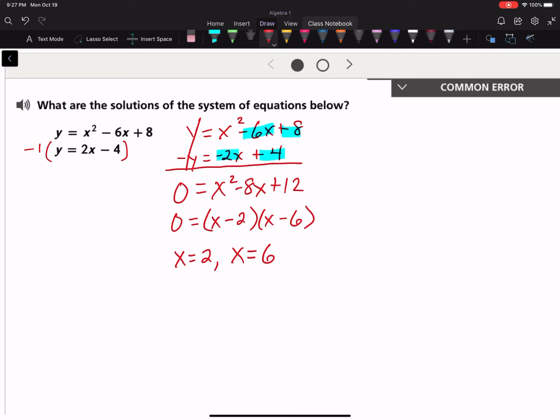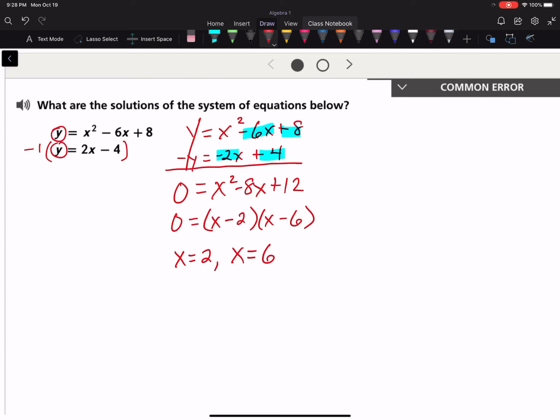Now, this one is a little different because, as you know, in our original problem, we had y's. So on the first equations, we didn't have y's, so we didn't write those, okay? But on this one, we do have y's, so that means we need to plug in x in both equations, or one of the equations, either one, to get the y.